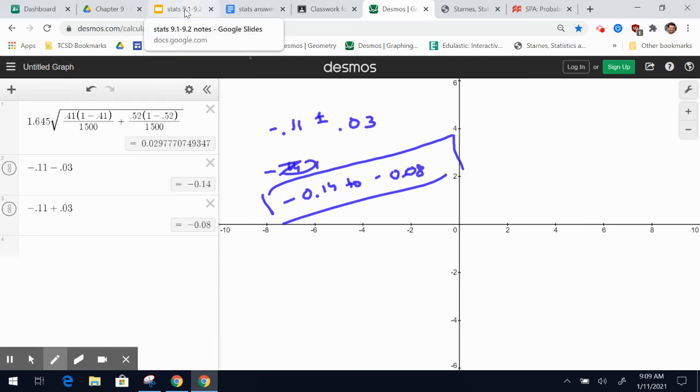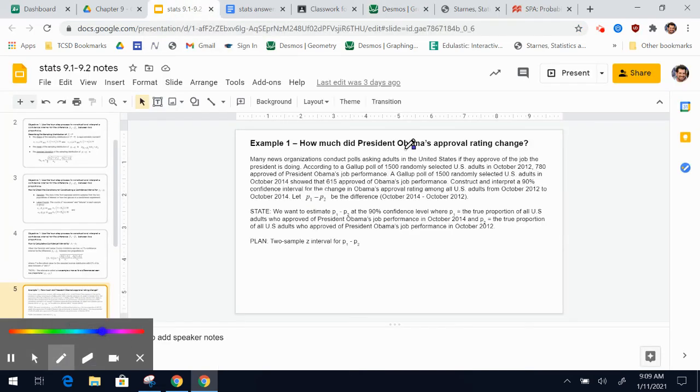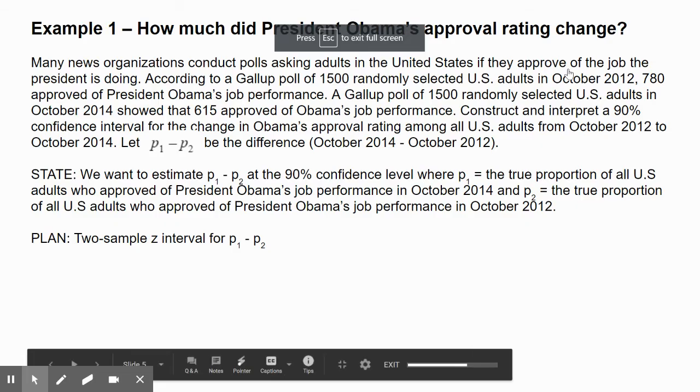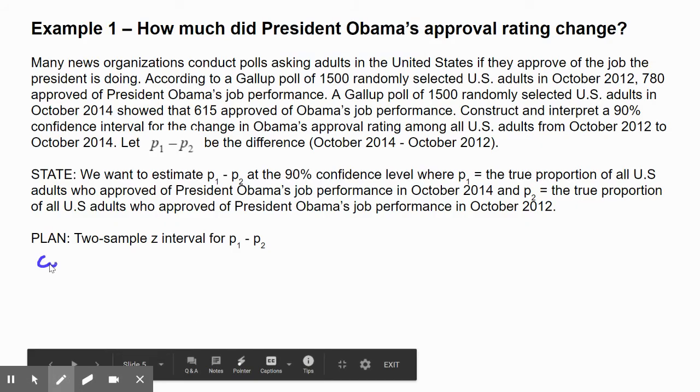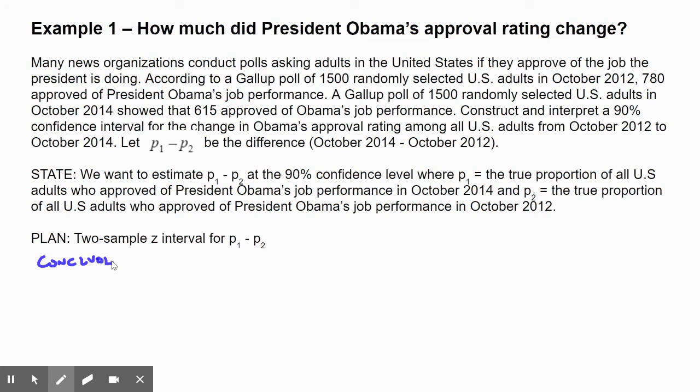So I'm going to take that confidence interval back to our notes here. All right. So here's our conclusion. So we start off the same way.